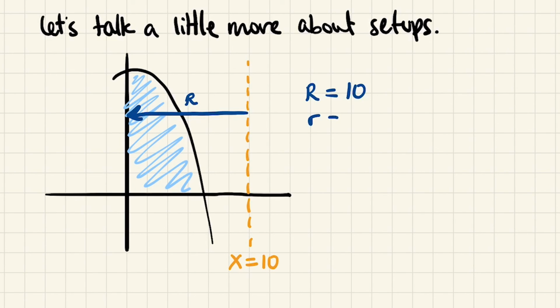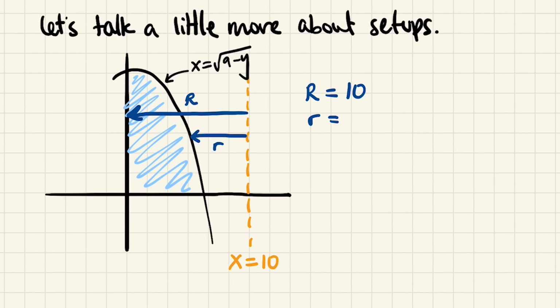Well, what's our little r? Our little r is the radius, the distance from the axis of rotation to the near curve. Now remember, the function here is x equals square root of 9 minus y. So what is that little r?